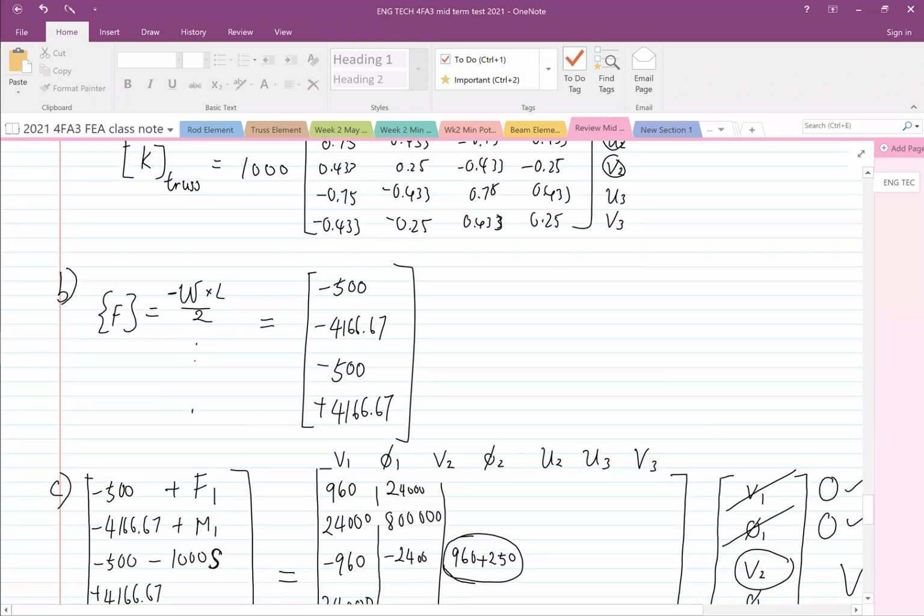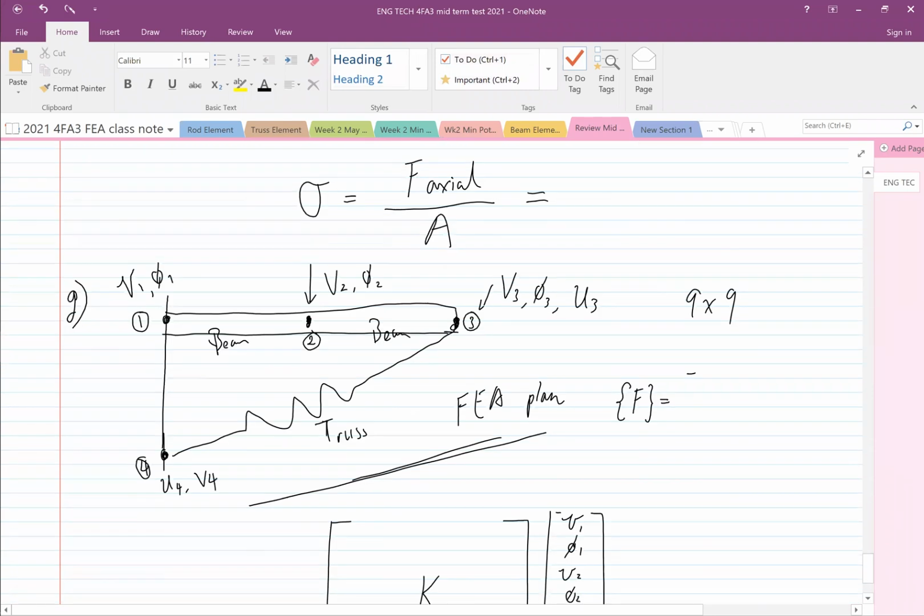Now the length is divided by 2, so everything is divided by, so this is divided by 2, and this is by 4, okay? 50 minus 104167 minus 250, and this is plus 104167.